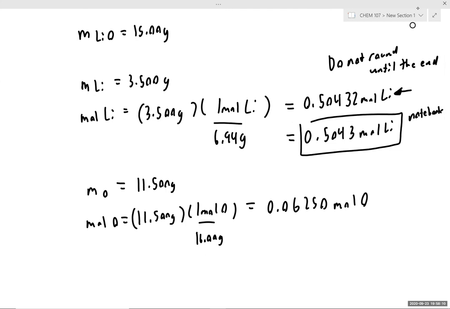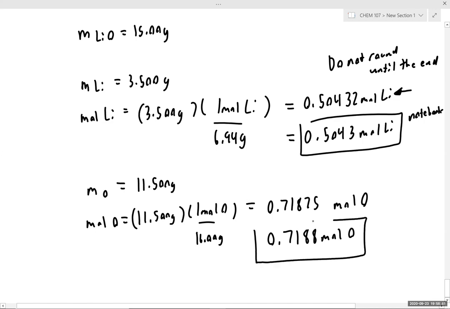Okay, now that we have, let me punch this in one more time. Sorry, there's a typo. 0.71875, that we round to 0.7188 moles of oxygen if we're writing down our final answer.